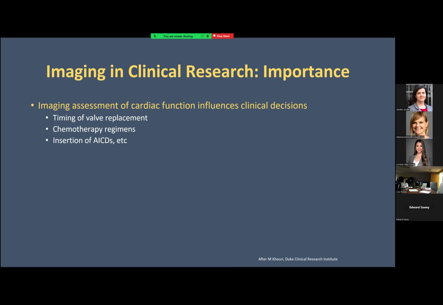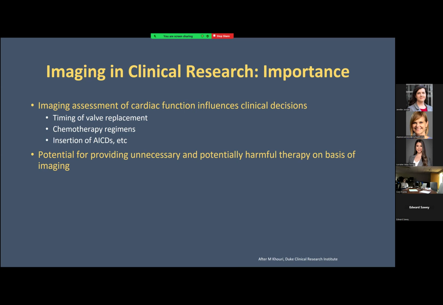So the imaging assessment of cardiac function really influences clinical decisions. Okay, this happens in our clinical scans as well as our research scans. But with research, we can look at things such as when timing of a valve replacement should be, or if there's chemotherapy regimens. So we can ask these types of questions with the research as well.